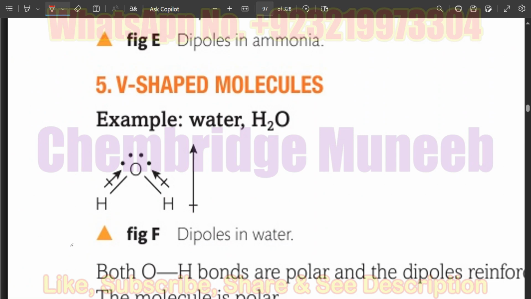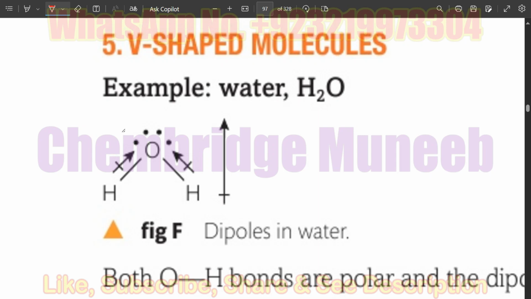And the last example here is water. Water has in fact even more lone pairs. There are two lone pairs, so there is a very high electron rich area. There is a lot of negative charge on this side. So the overall direction of the dipole will be from hydrogen to oxygen.